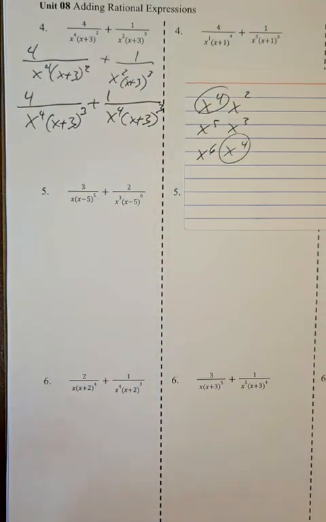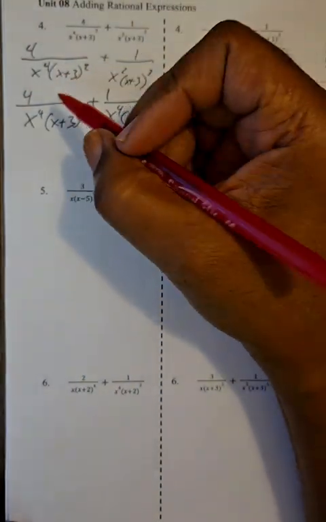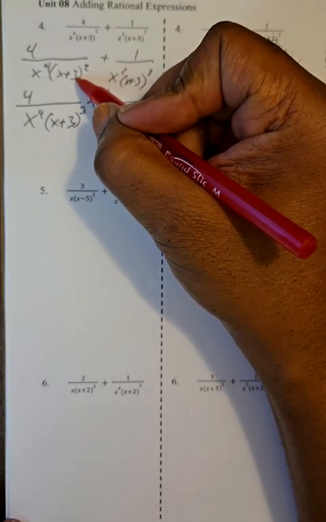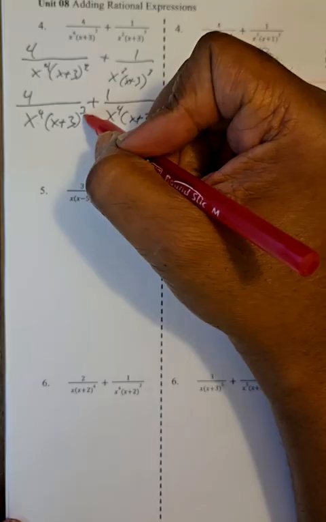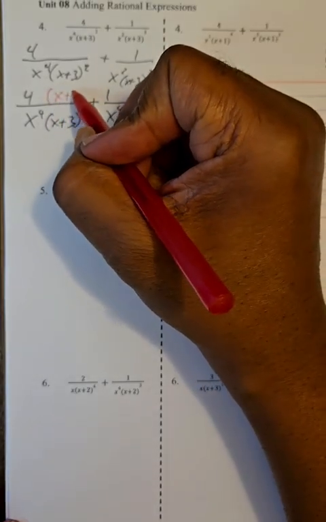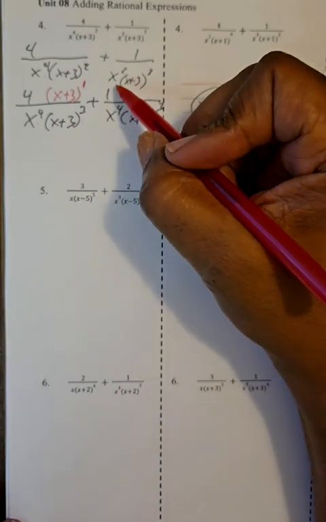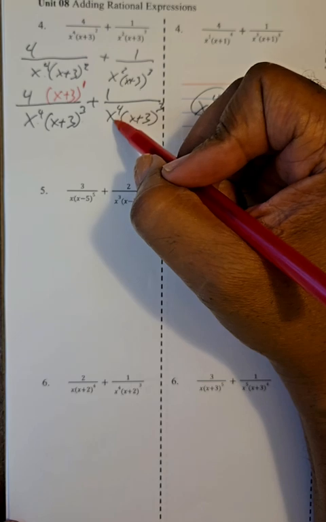Okay, now let's see the difference between the numerator and denominators. X to the fourth, x to the fourth. 2 of the x plus 3's, 3 of the x plus 3's. So there's an extra x plus 3 in the denominator between here and here. So we'll put an extra x plus 3, just one extra in the numerator. I have x squared down here, and I have x to the fourth down here.